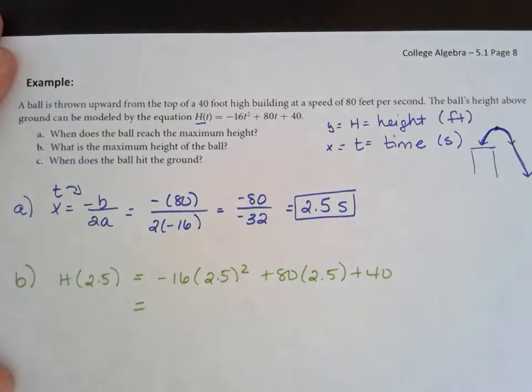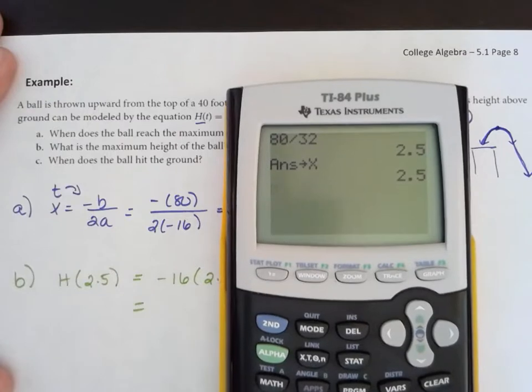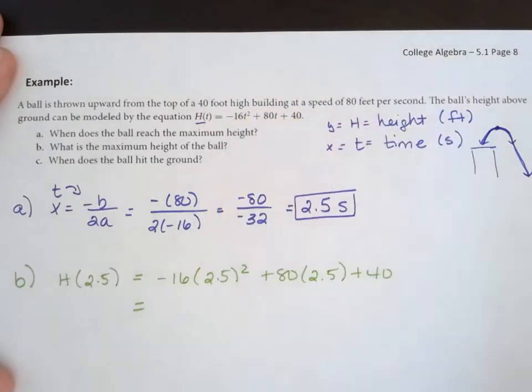Let me just put that into the calculator. I'm going to store that in x and then type in negative 16x squared plus 80x plus 40, and we get 140.